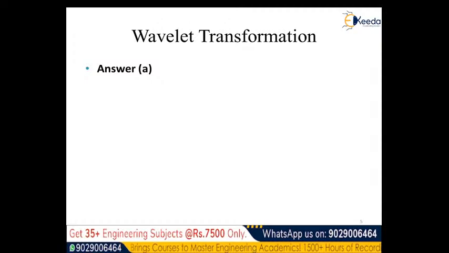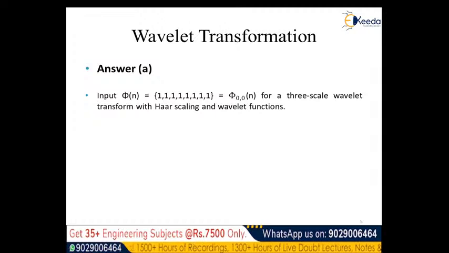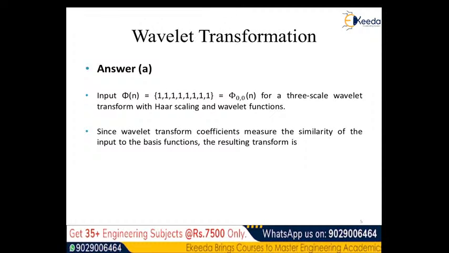So let us find out the answer for this part A question. Here we can denote the input as phi of n equal to the 8 elements in this set, all having the value 1. We can also denote it by phi suffix 0 comma 0 as a function of n for a 3-scale wavelet transform with the Haar scaling and wavelet functions. Now, since the wavelet transform coefficients are measuring the similarity of the input to the basis functions, we can denote the resulting transformation like this.